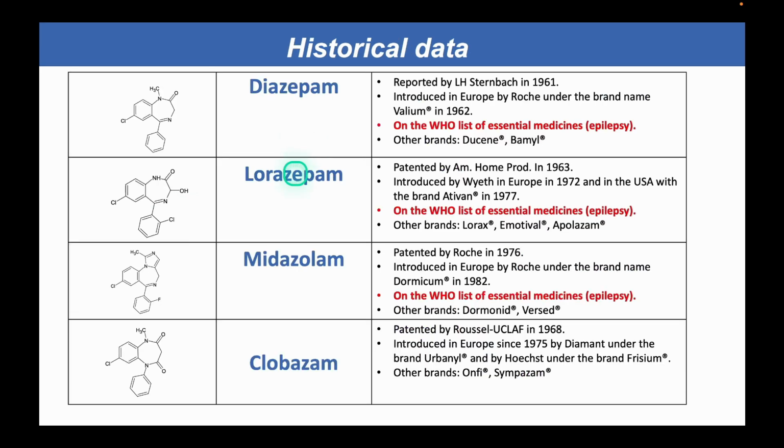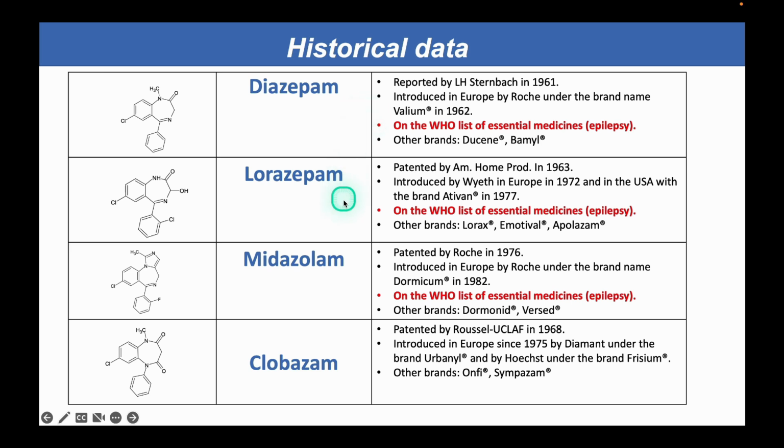Diazepam, lorazepam, and midazolam are included in the World Health Organization's list of essential medicines. The synthesis of diazepam was reported by Sternbach, and it was introduced in Europe by Roche under the brand Valium.